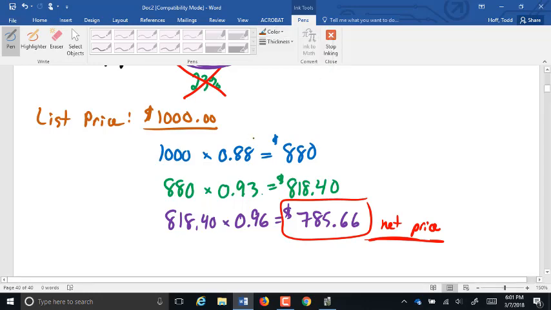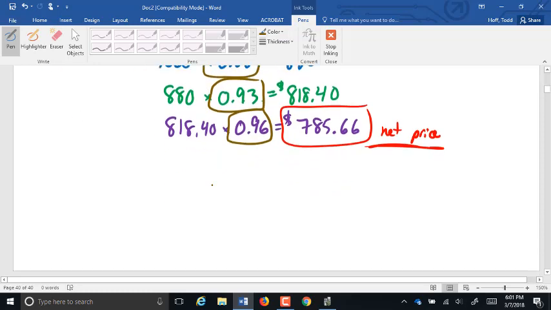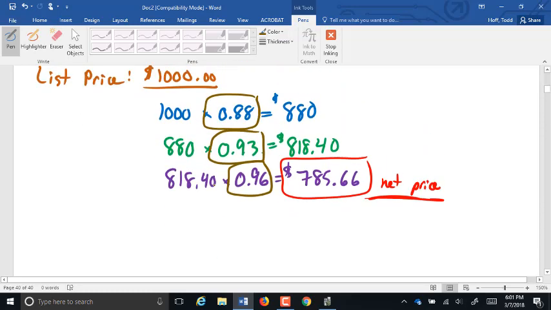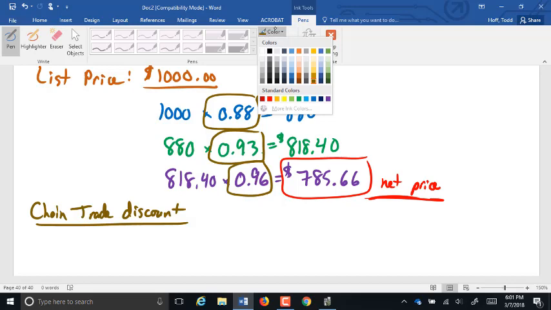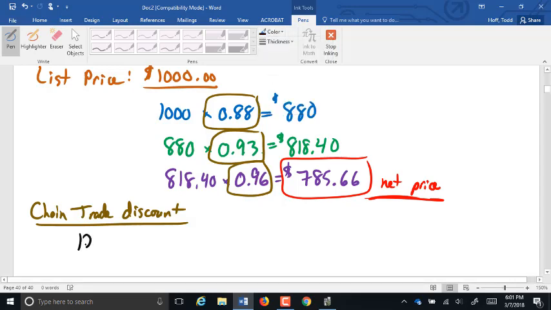Well, we see what happened here is we just took each of these net price rates and we multiplied them one after another. So if I take that trade chain discount, the way it's often listed looks like this. 12/7/4 is the notation for that chain trade discount.